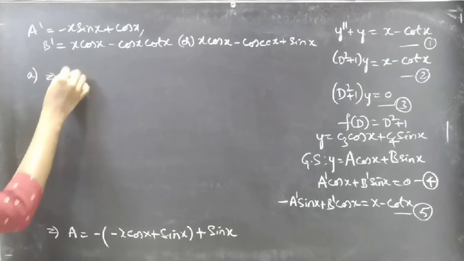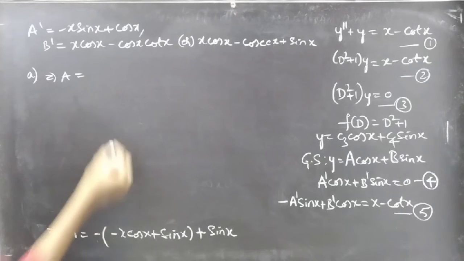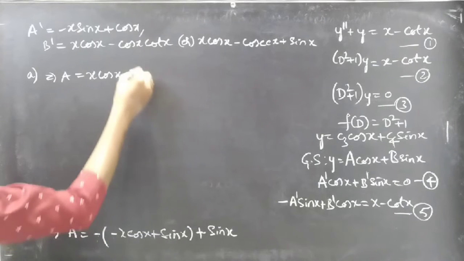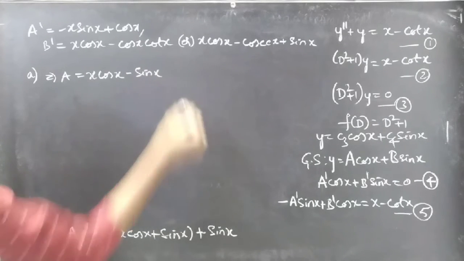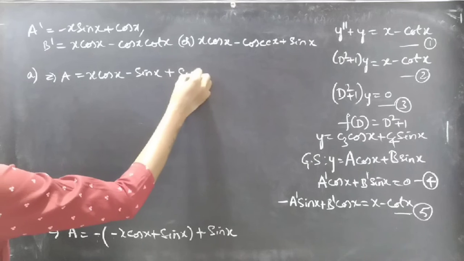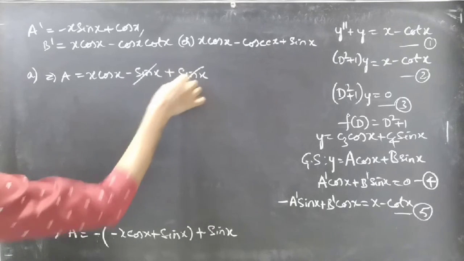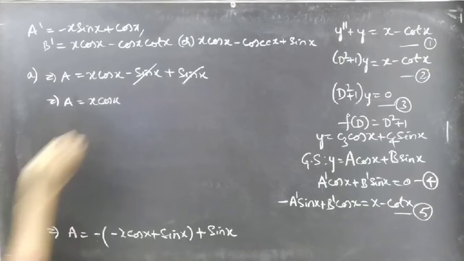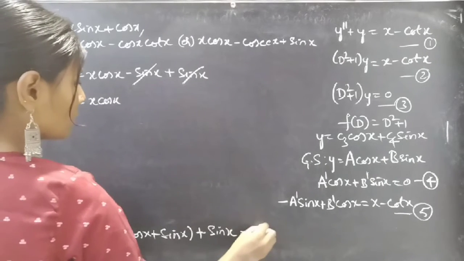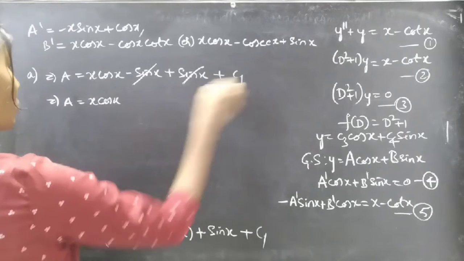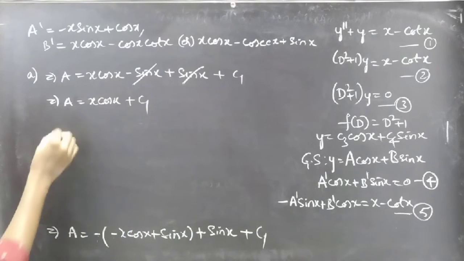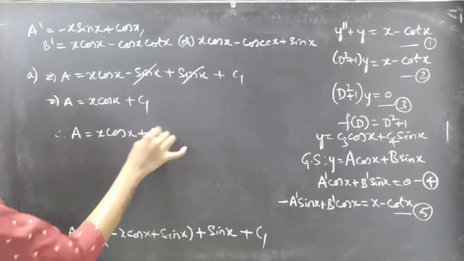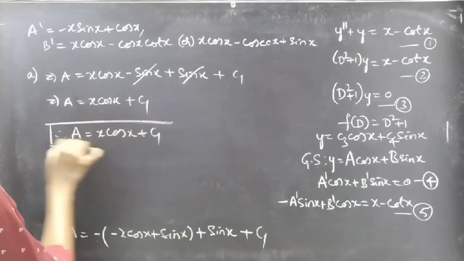This gives us A equal to minus into minus, plus x cos x, minus into plus, minus sin x plus sin x. Here minus sin x plus sin x gets cancelled and we'll get A equal to x cos x. Sorry, we forgot to write the constant, plus an integration constant, say some c1. Okay, therefore A equal to x cos x plus c1.